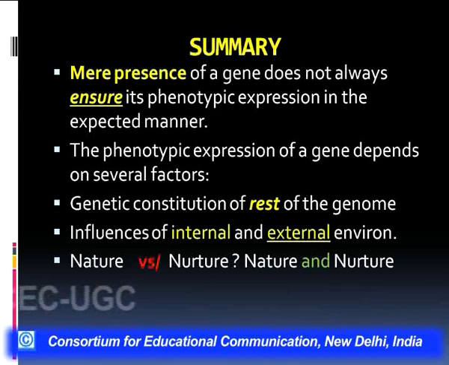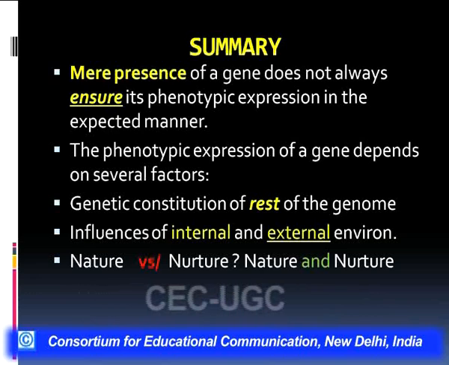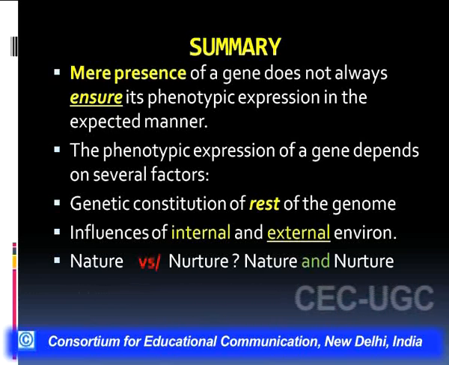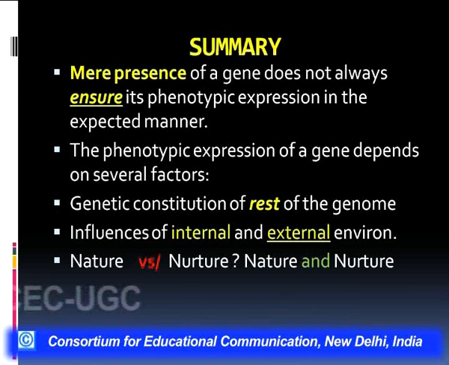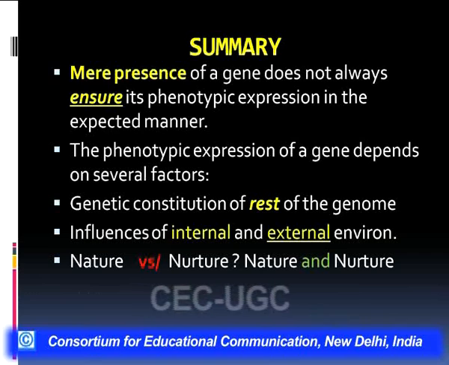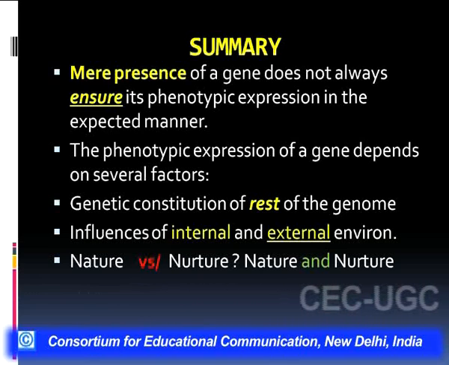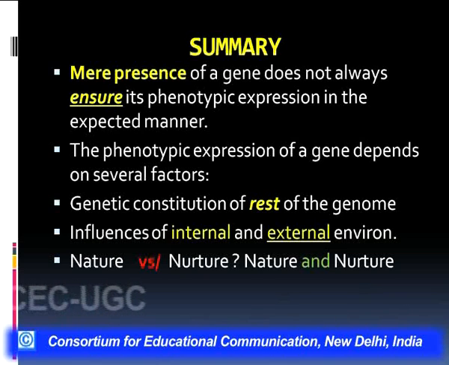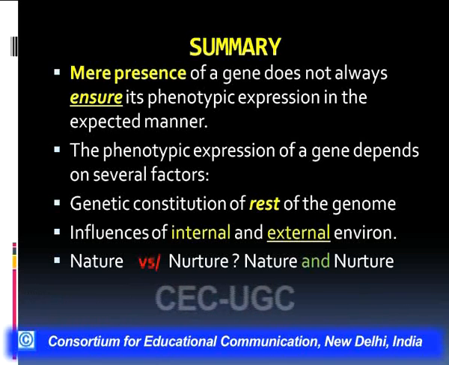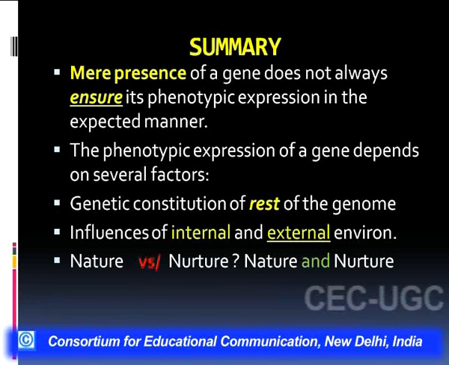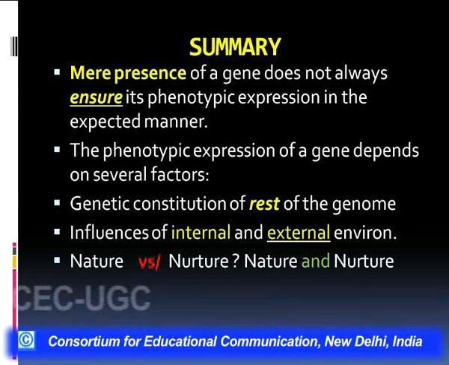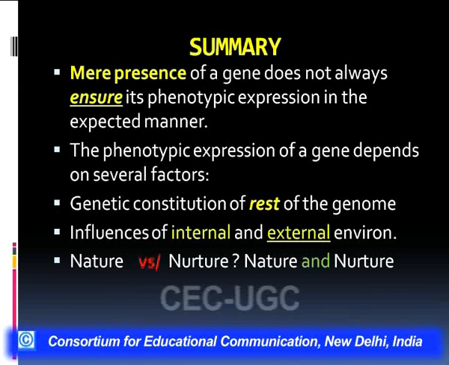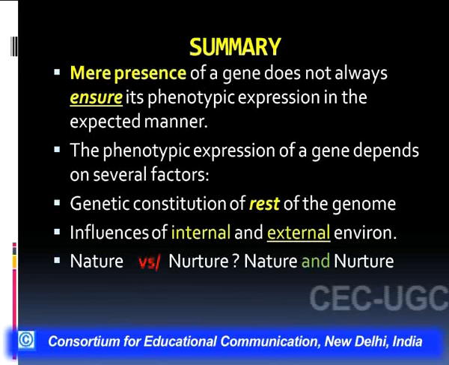For example, if a gene is completely penetrant, then all the individuals will show the same type of expression. If it is not, there will be a varying degree of expression even though the genotypes are the same. This landed us in a lot of trouble as far as making pedigree charts was concerned. We also summarized that the genetic constitution of the rest of the genome is important, because it also influences the overall expression of a particular gene.